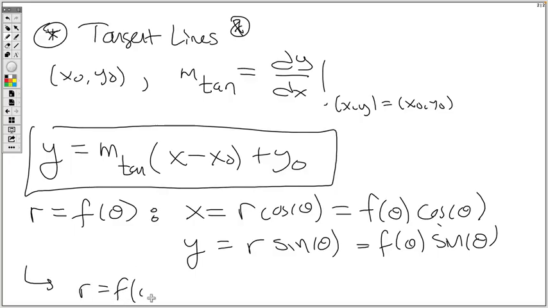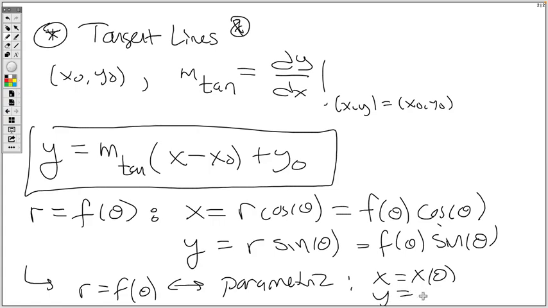So r equals f of theta, we can think of this as a parametric situation with x and y being functions of theta. You follow or not? And so we know how to get dy/dx with parametrics, courtesy of the chain rule. So we know how to get dy/dx in terms of theta.